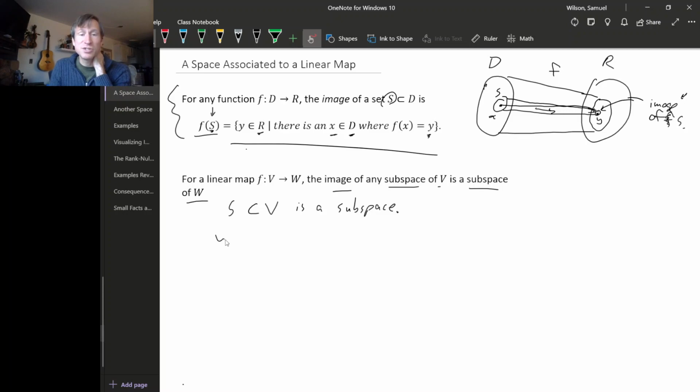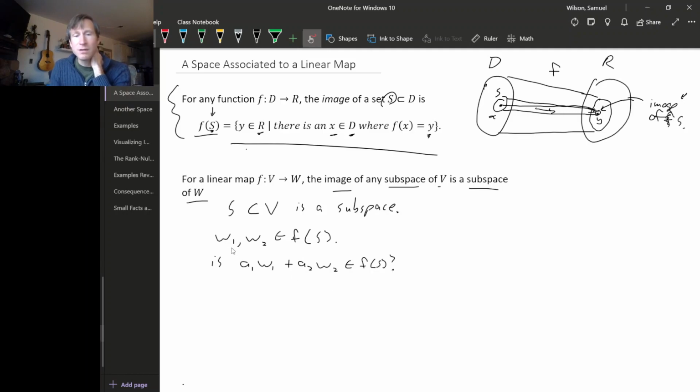So let's take two elements in the image, say W1 and W2 in the image of S. We need to know, is any linear combination of W1 and W2 in the image of S?